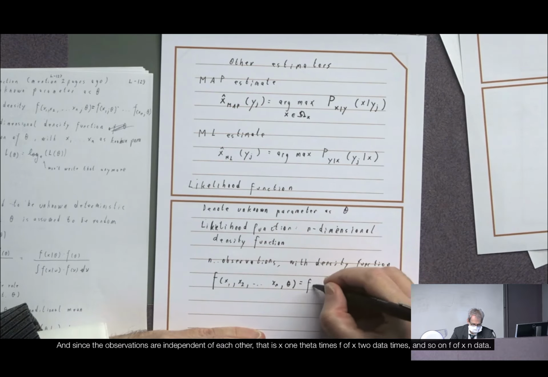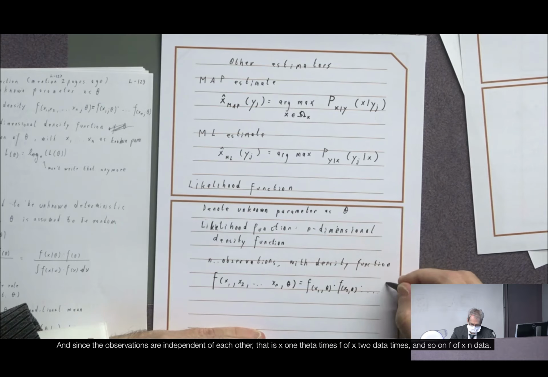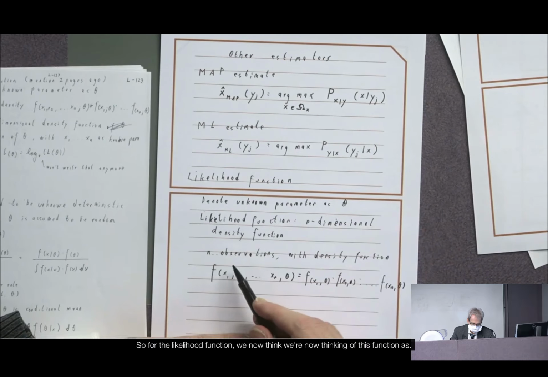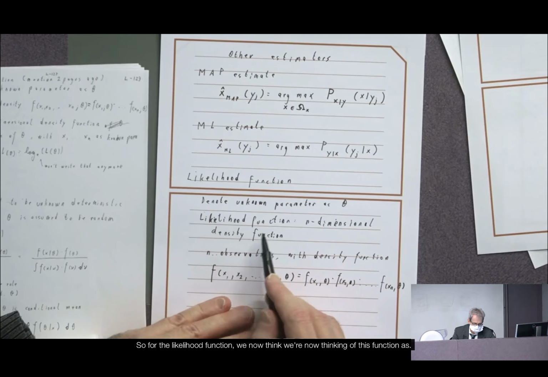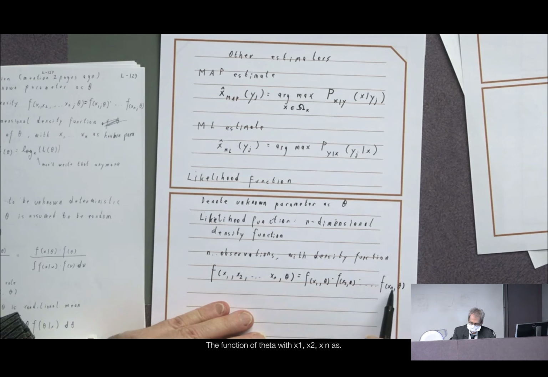And since the observations are independent of each other, that is f of x1 theta times f of x2 theta times and so on, f of xn theta. So for the likelihood function, we're now thinking of this function as a function of theta with x1, x2, xn as parameters, as known parameters.